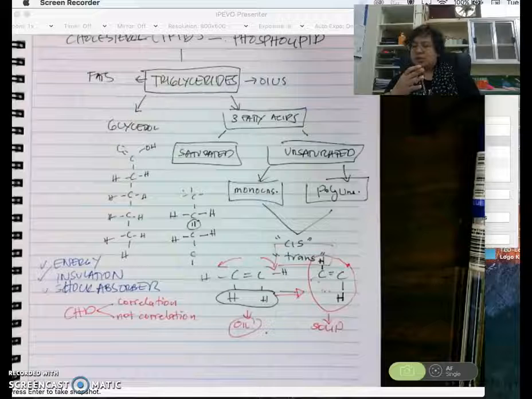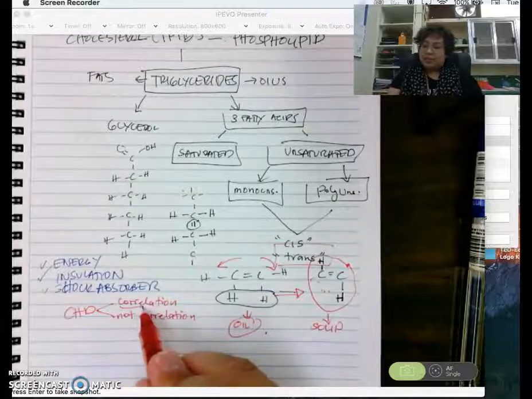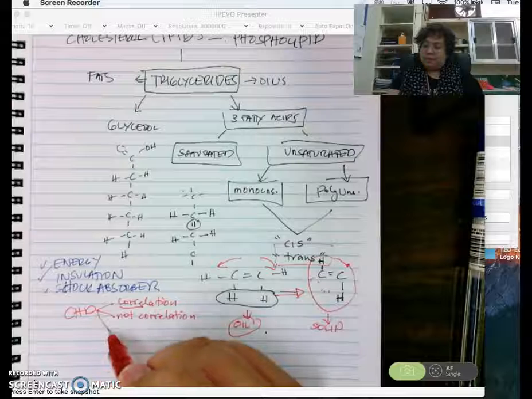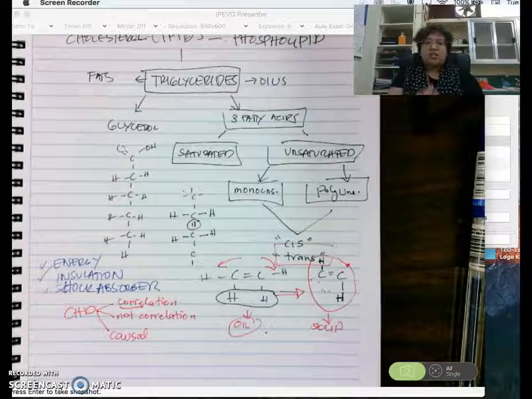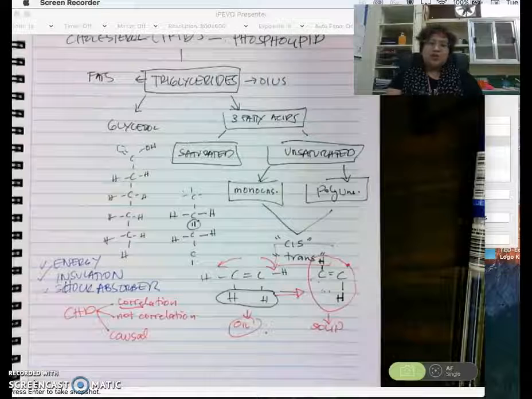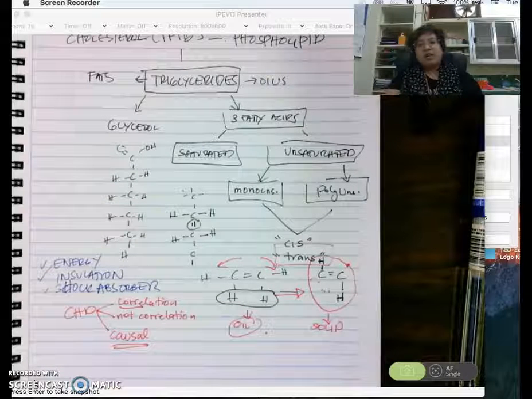But what I'm trying to say is we are trying to establish a correlation, and it's not really a cause and effect relationship. However, it can be causal, and we have to base that on an experiment.